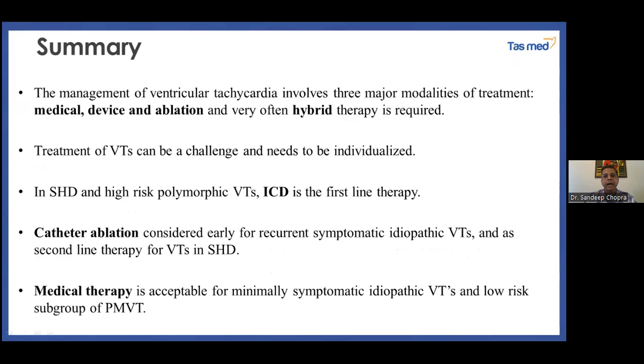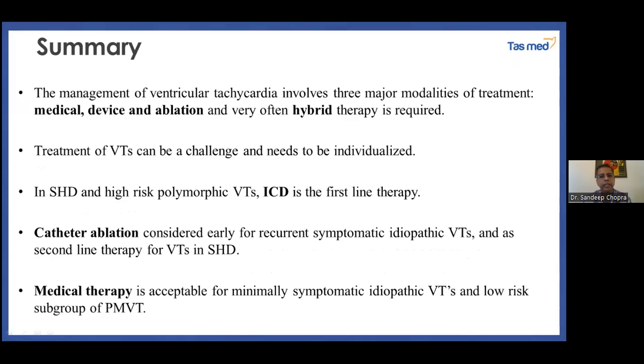So the management of ventricular tachyarrhythmias involves 3 major modalities of treatment: medical, device like ICD, and catheter ablation, and often a hybrid therapy. We might have to put in an ICD and then start Mexiletine. Treatment of VTs can be a challenge and needs to be individualized.